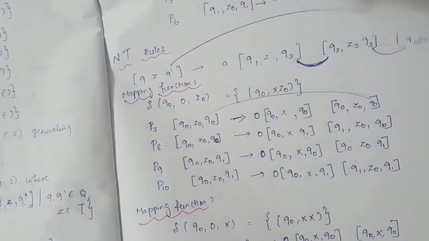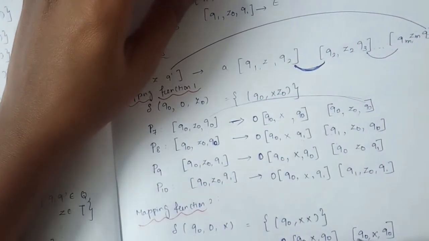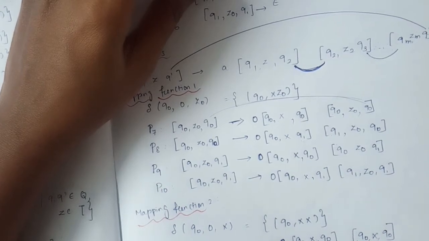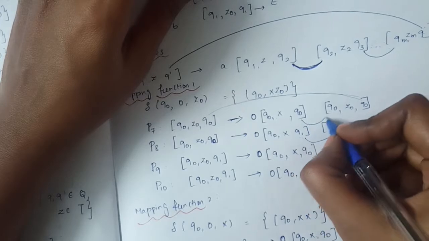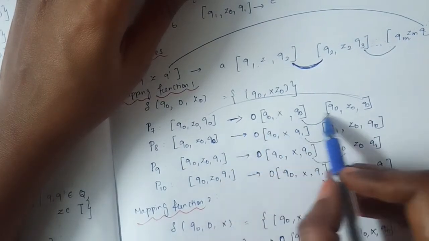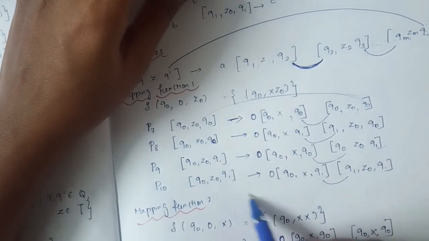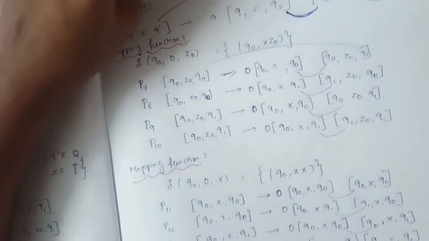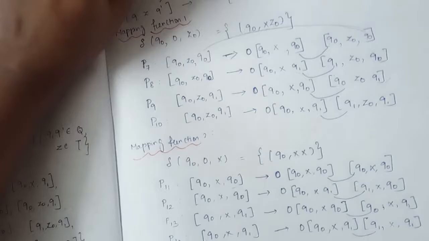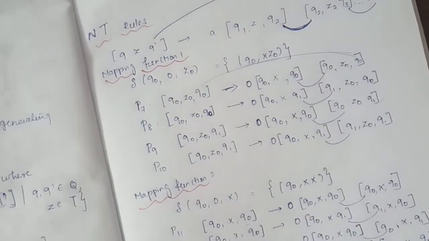So see this is the thing, and this is the thing. You have to check whether it's the same or not, and this will be the same, this will be the same, and Q0 Q0, Q0 Q0, Q1 Q1, Q1 Q1. So these are the same. This is the way you have to write.